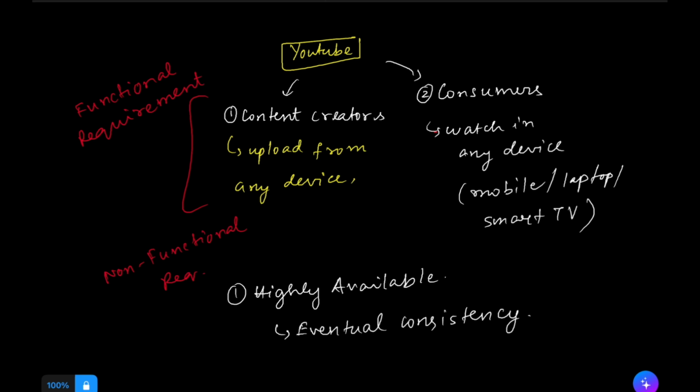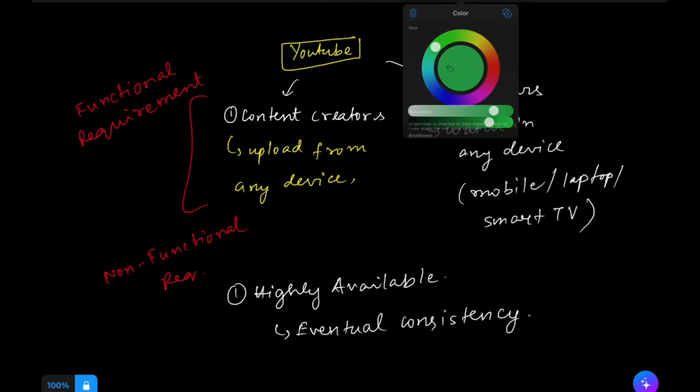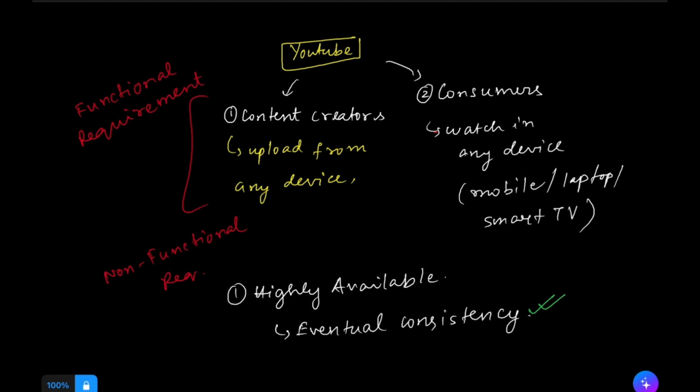Once the video processing is completed and it has been replicated into multiple data centers or databases, the video is served from a location nearer to the particular consumer without any delay. But we can consider some delay in updating metadata, like the view counts for that particular video, while the video streaming should be highly available. So for that we can use eventual consistency to fulfill our requirements. This is why along with high availability we support eventual consistency.